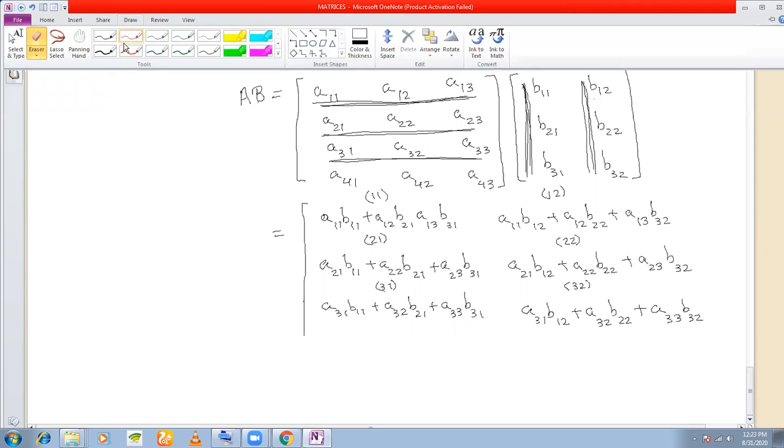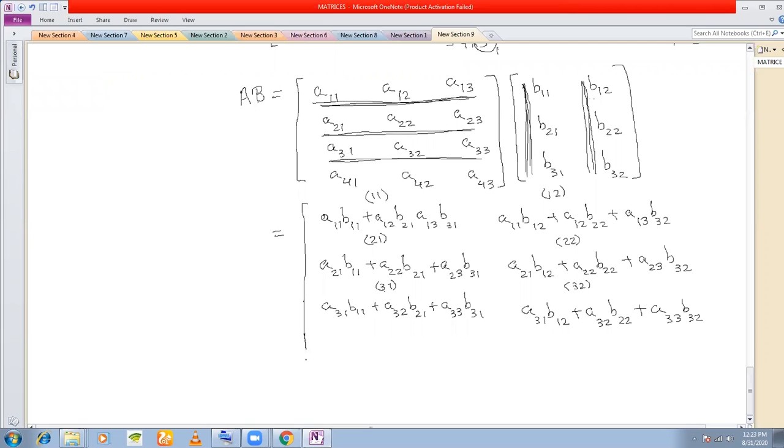And finally you have the fourth row. You multiply the fourth row with the first column to get the fourth row first column element: A41 B11 plus A42 B21 plus A43 B31.